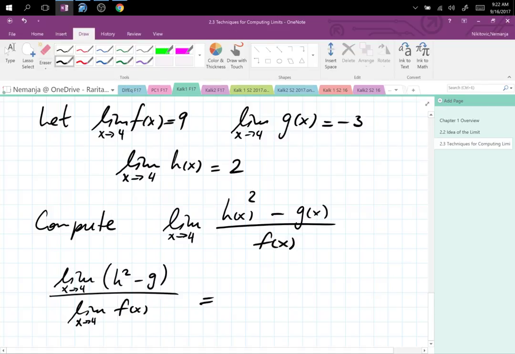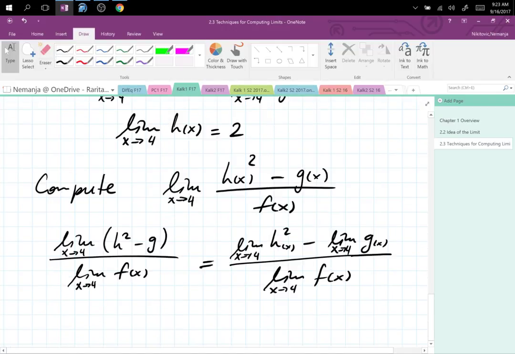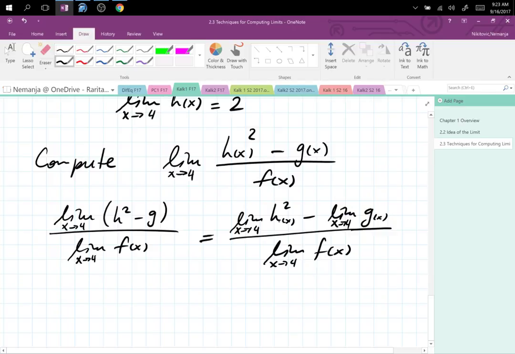Then you would separate the limits in the numerator, so you would have the limit of h squared minus the limit of g of x, divided by the limit as x goes to 4 of f of x in the denominator. All of these go to 4. And then finally the square, right? So you can apply the limit on h and then square everything.